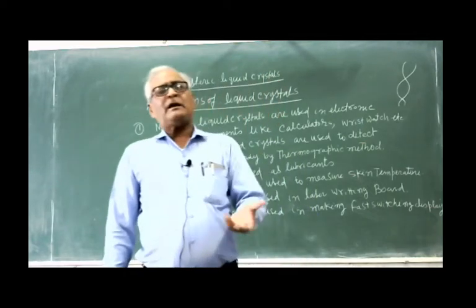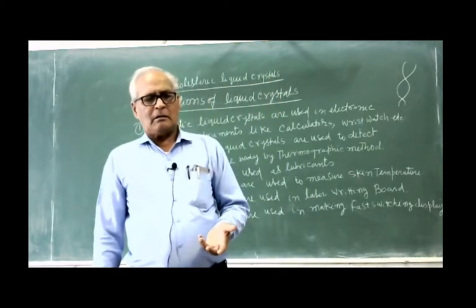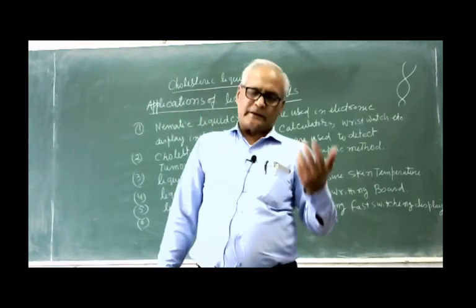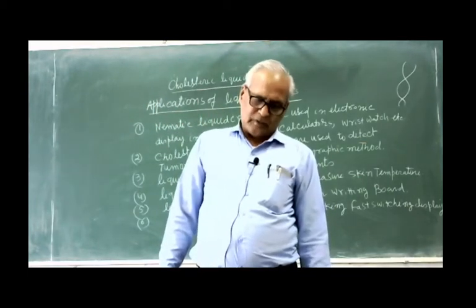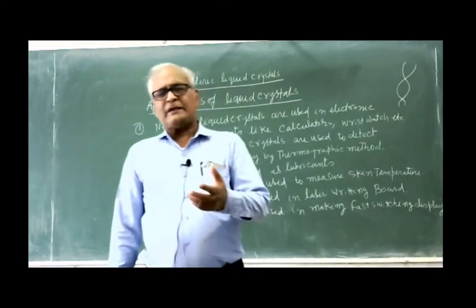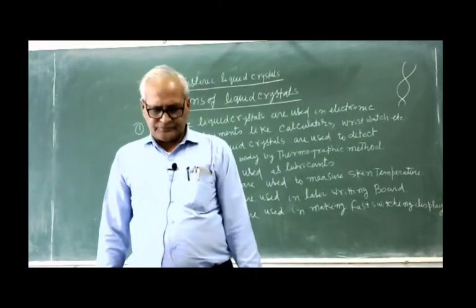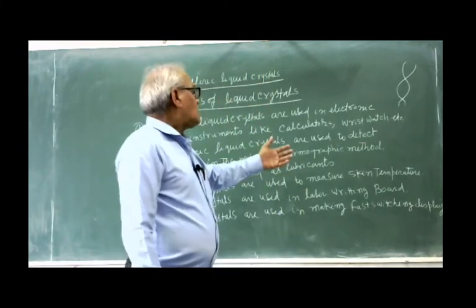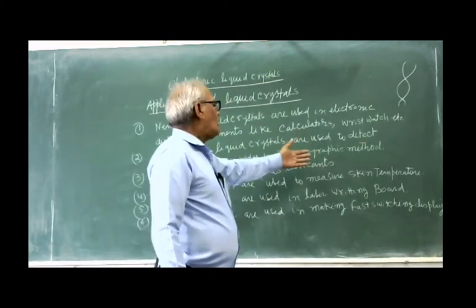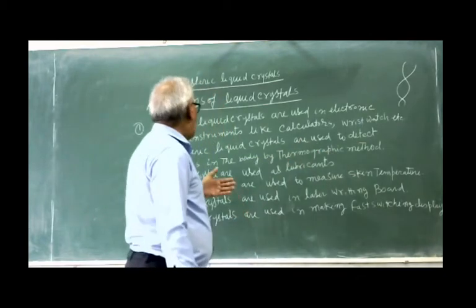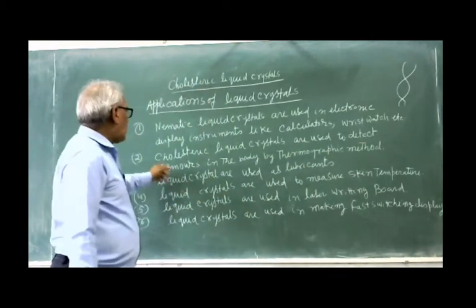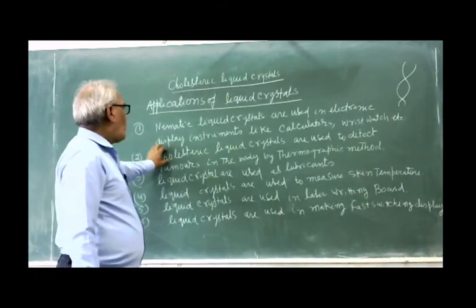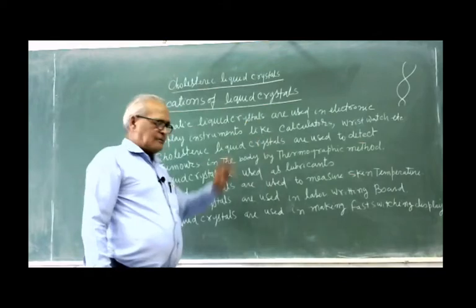So how can doctors identify or detect tumor in the body? Tumor may be malignant or non-malignant. Malignant means cancerous. So first of all, in thermographic method, for detecting tumors in the body, we use cholesteric liquid crystal.